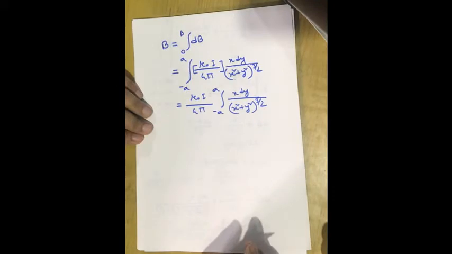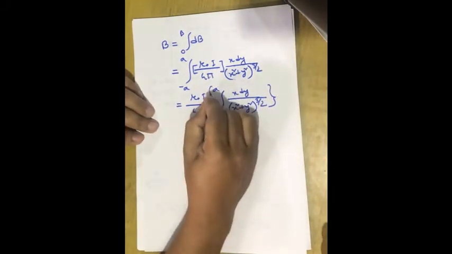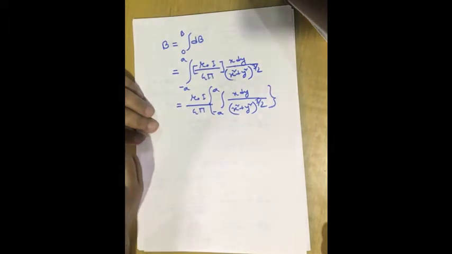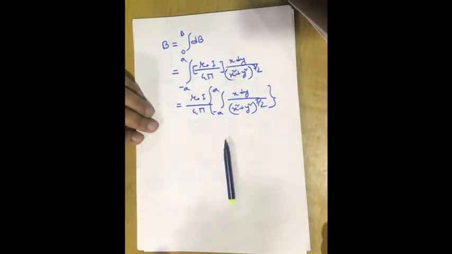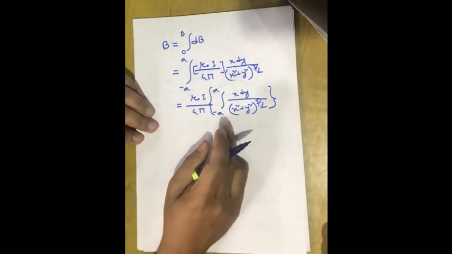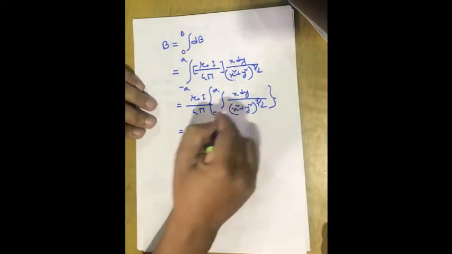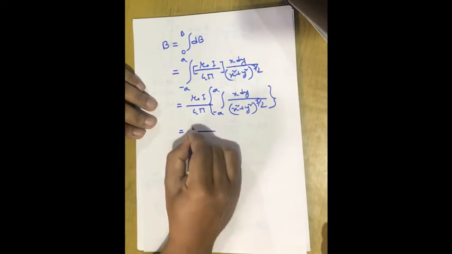Basically you have to determine the value of this integration. This integration is not really easy to solve, therefore I will just write the final output so that you can remember it and plug it into the formula. You can do it, but this integration is not that easy to perform.